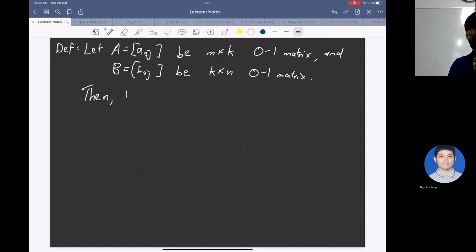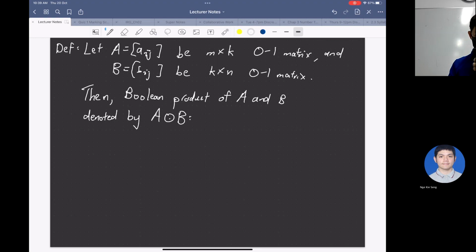Then the Boolean product of A and B, denoted by A circle dot B, is defined entry-wise: the row meet with the column, and then you take the join, and keep going until you get the last one.